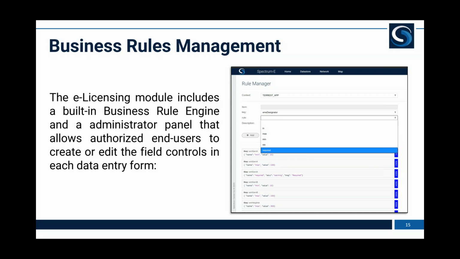You put in minimum and maximum limits or in or out type rules, and there's a number of different rules that can be applied to different types of fields. So that can all be configured. You can add or remove those types of controls or modify them through this business rule manager. So that's all in the GUI.